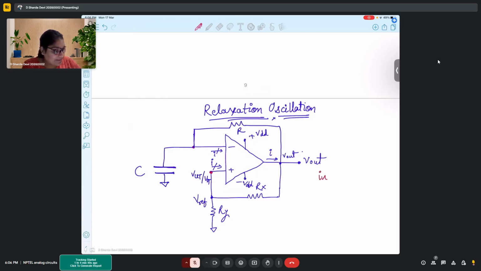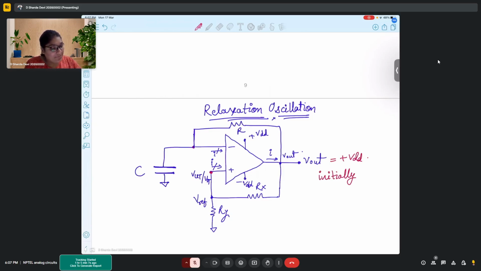Okay, initially, this output is at plus VDD. And we know that this capacitor, we just connected the capacitor. So there is no charge on the capacitor right now. It is simply an uncharged capacitor. It has been connected via resistor.